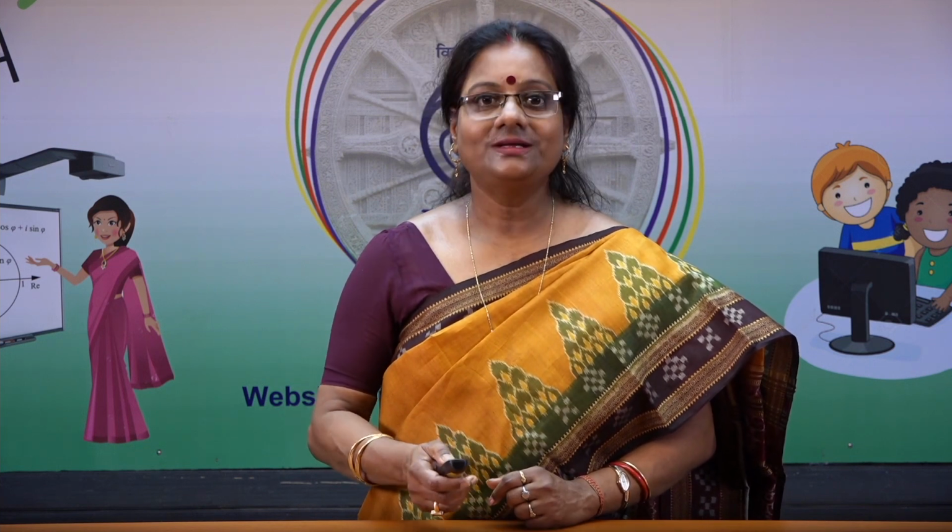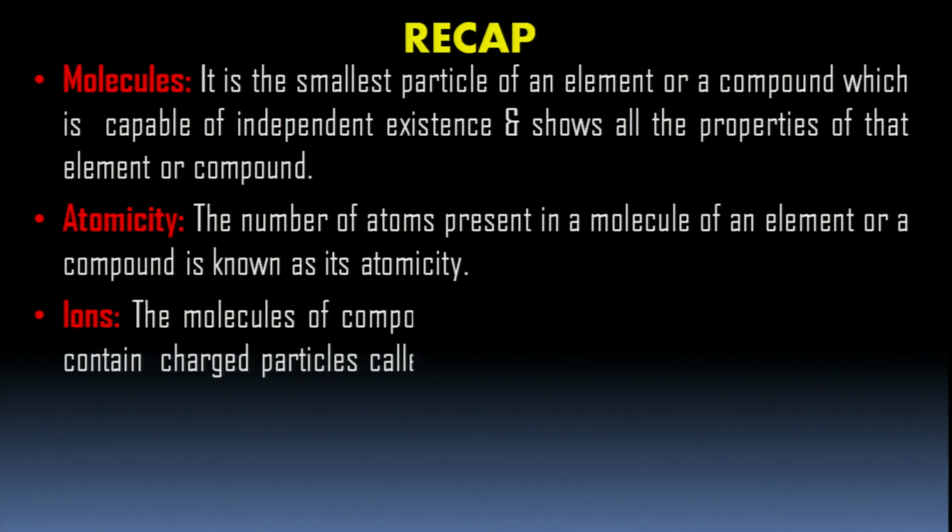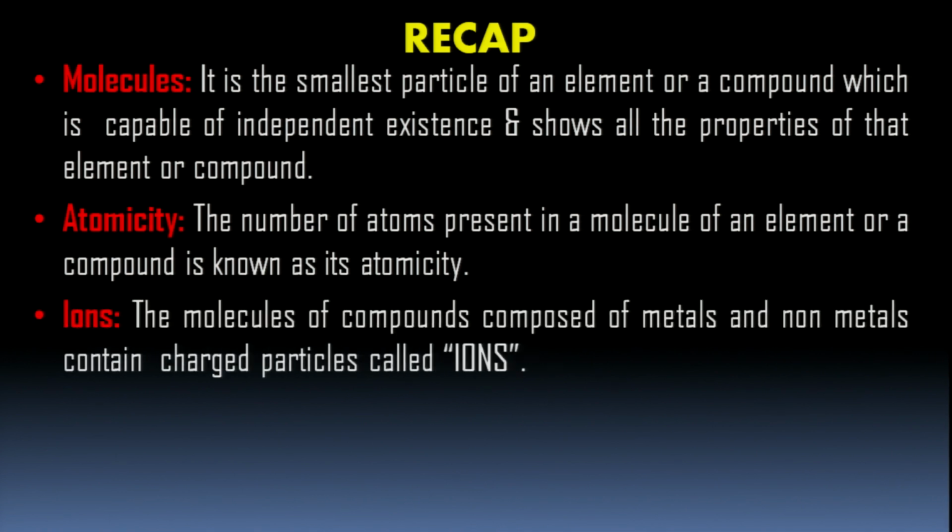Okay children? Then, we had learnt about atomicity. What is that? Yes, you remember, I know. The number of atoms present in a molecule of an element or a compound is known as its atomicity. Ions, same during electrolysis, positive and negative. Yes, the molecules of the compounds composed of metals and non-metals contain charged particles called ions.